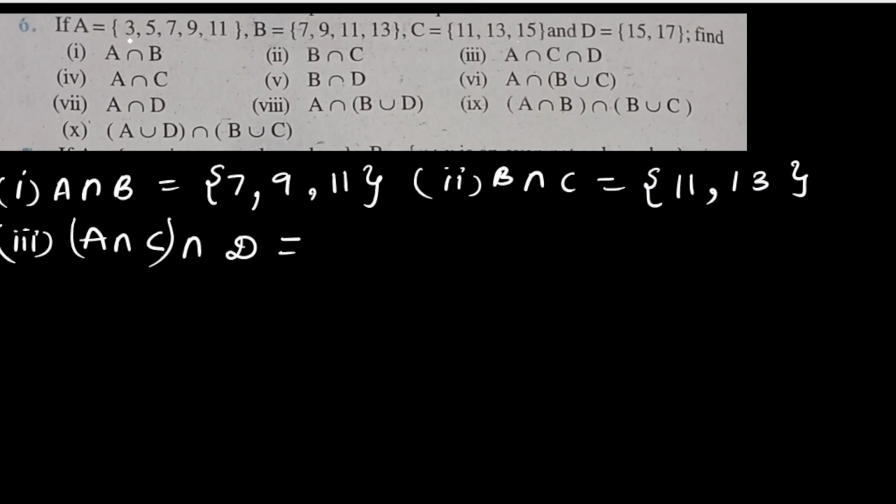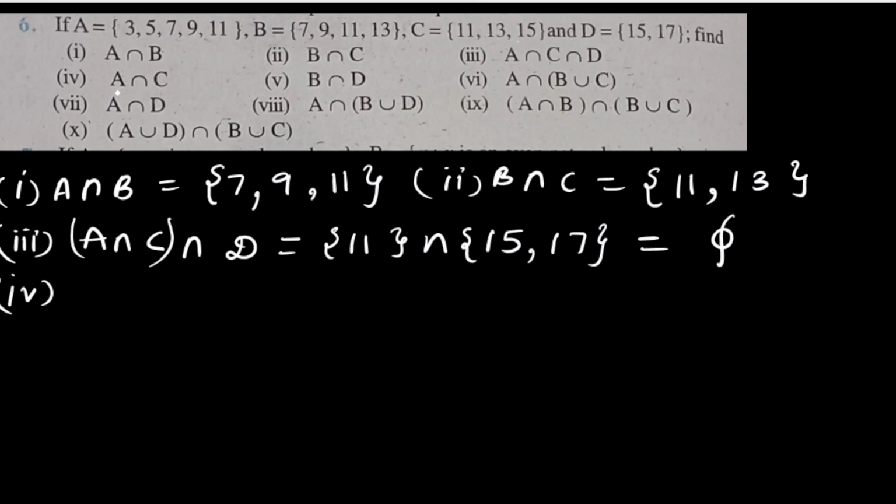So 3 is not there in C, 5 is also not there in C, 7 is also not there in C, 9 is also not there in C, but 11 is there. 11 is present in A as well as in C. That means A intersection C is equal to {11}. Its intersection with D we have to do. D is {15, 17}. Nothing is common. That means its answer is the empty set.